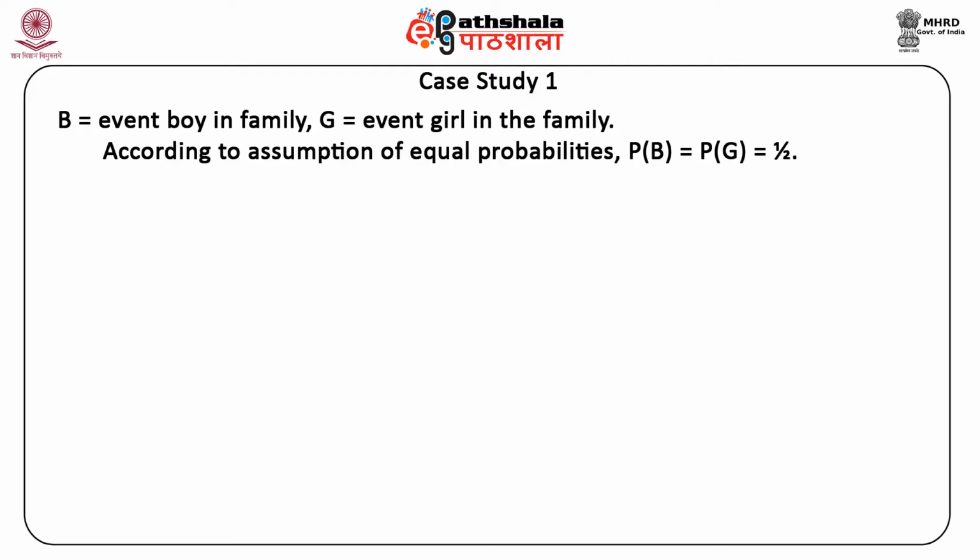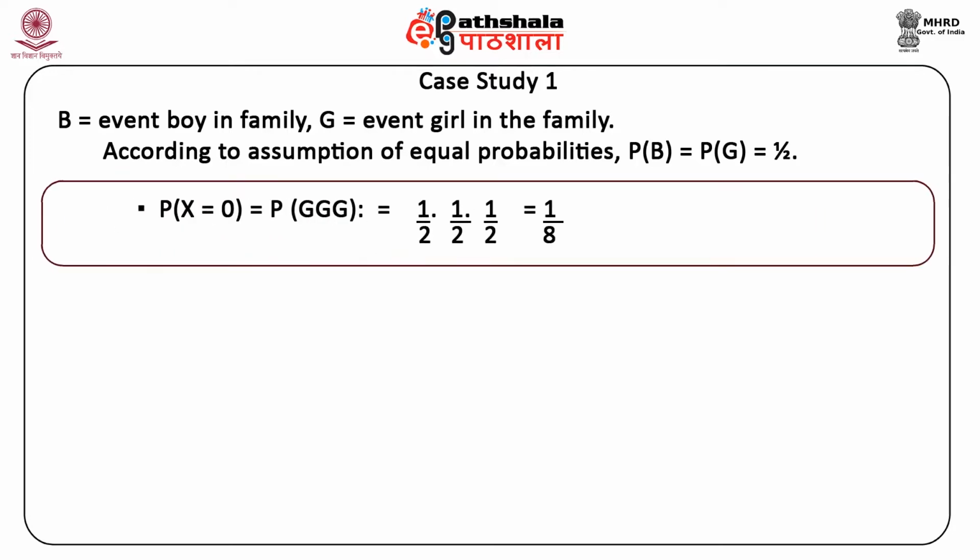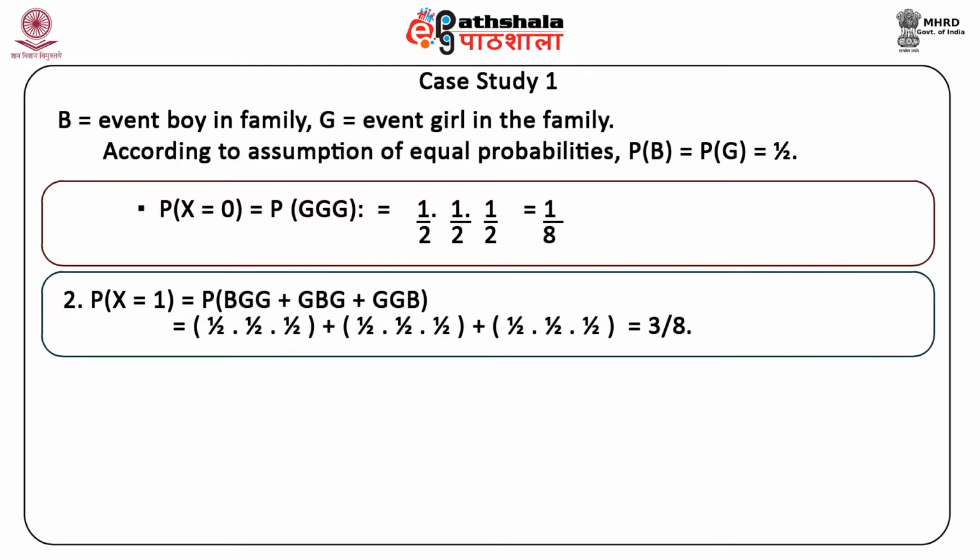Therefore, the first answer is that probability of X equal to 0, which means no boy, is the probability that we have a girl, a girl, a girl. So P(GGG) is equal to 1/2 into 1/2 into 1/2, and therefore is equal to 1/8. Similarly, probability X equal to 1 is equal to probability of BGG plus GBG plus GGB.